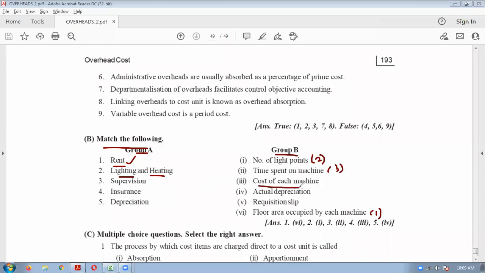Insurance is based on value of machine. Understood. Depreciation. Depreciation, again, actual depreciation is given, or it can be on basis of cost of machine also. Okay. So like that, if you remember that table, your answer will be easy.